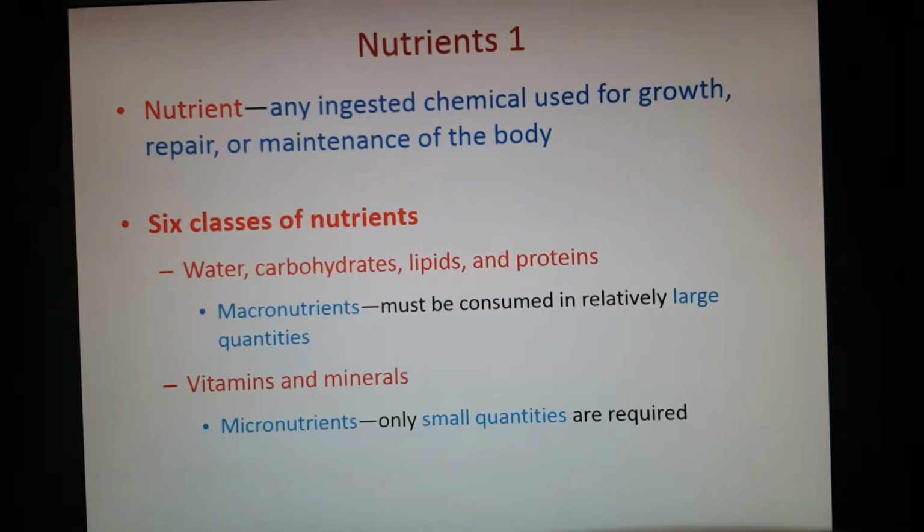Think of how much food you eat in a day compared to your vitamin and mineral needs, which can be satisfied by a single multivitamin that you can take in the morning with a meal. So that's a micronutrient because you only need it in a small amount.